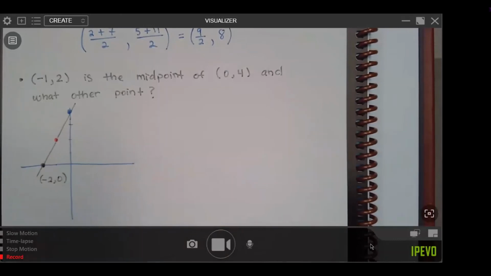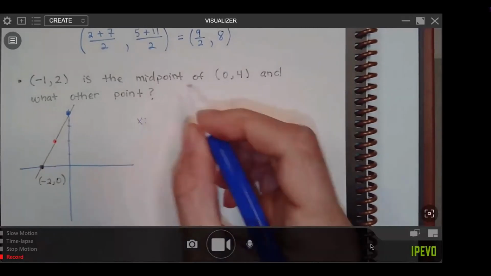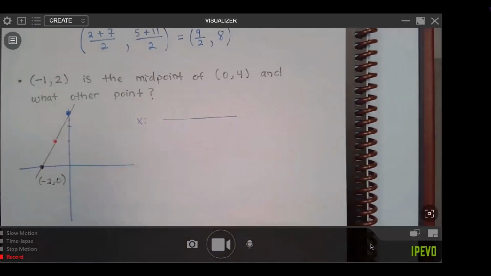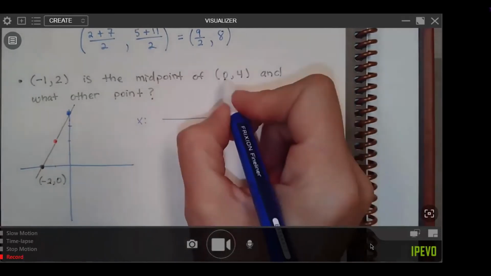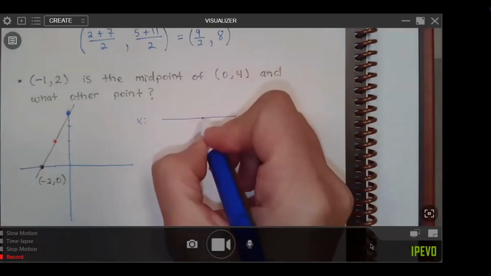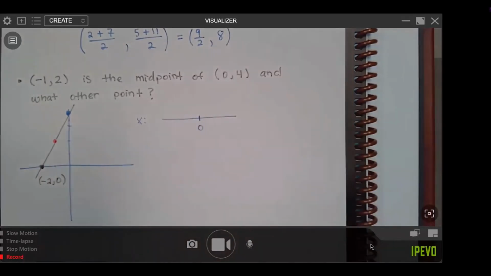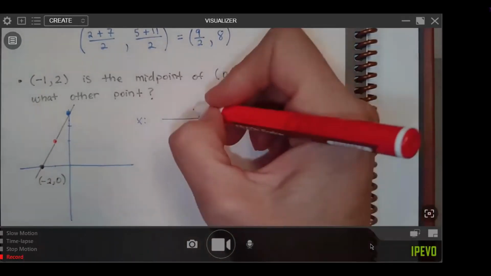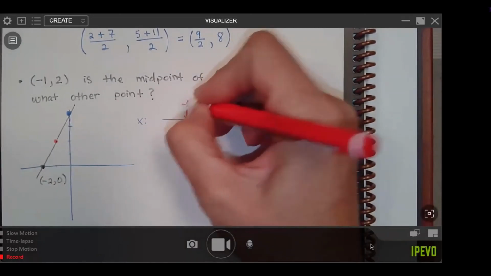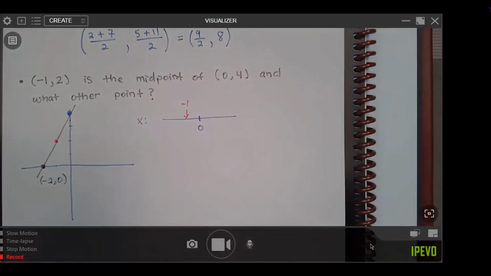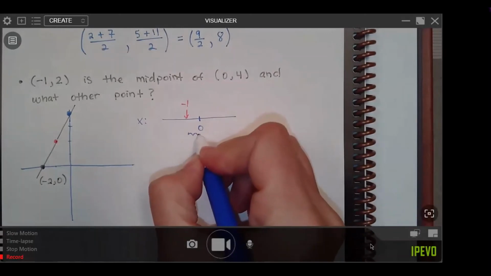Now it's a little bit hard to do that in 2 dimensions all at once, but if we simplified that and just looked at the X values separately from the Y values, here again, I'm thinking about a number line. One of my points is 0. The midpoint is at -1, which means that is a distance of 1.